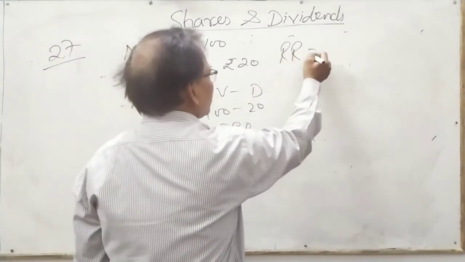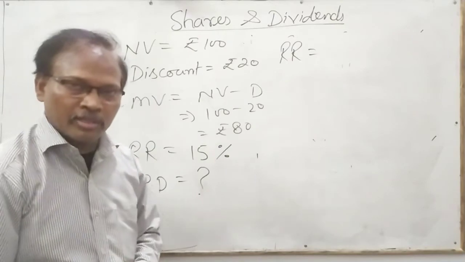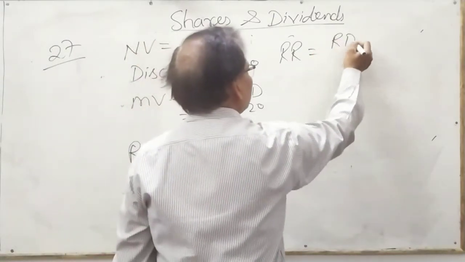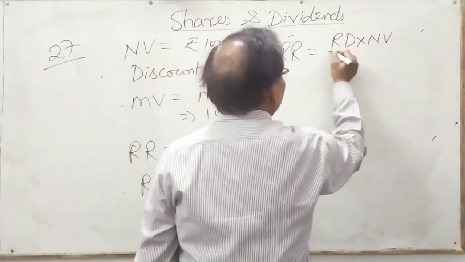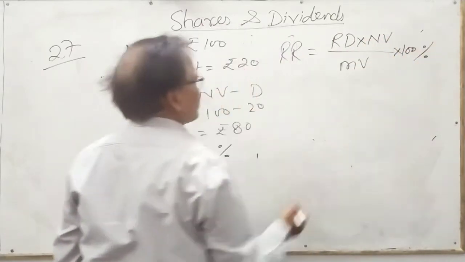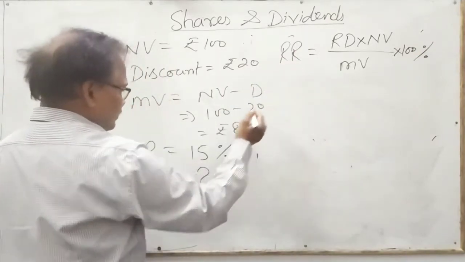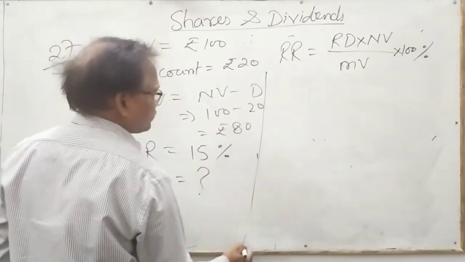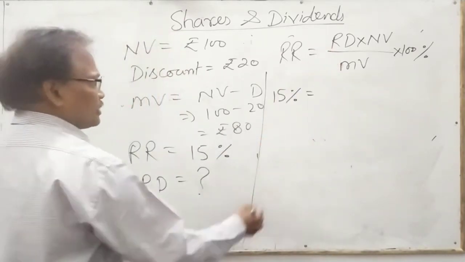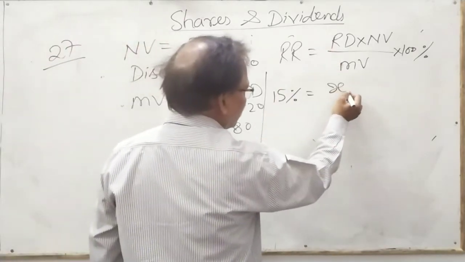Can you guess the formula? Which formula you can apply? Yes, the third one. So RR equals RD into NV upon MV into 100. क्योंकि everything is given. RR 15%, RD asking, so let the RD be X%.